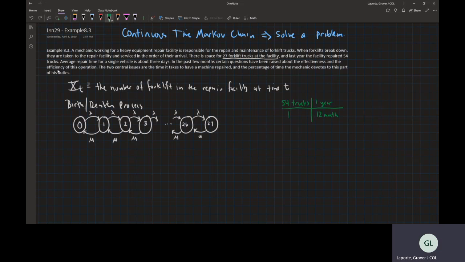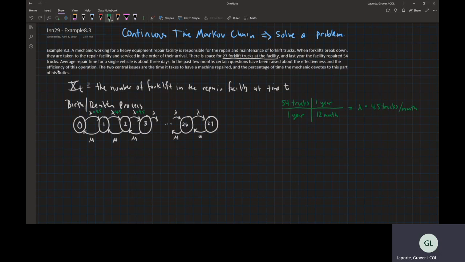So 54 trucks in 1 year, and we're going to convert that to a rate in months. So lambda is equal to 54 divided by 12, so 4.5 trucks per month. That's what we would expect on average if we did 54 in an entire year.